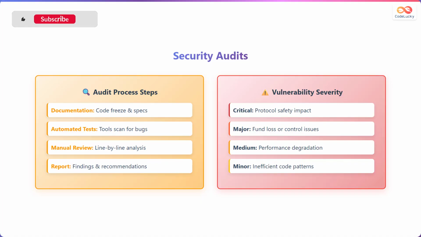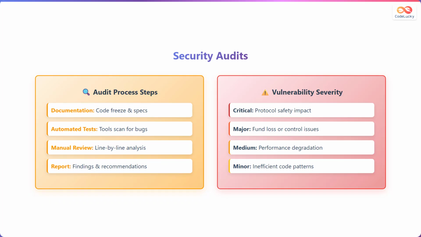Security audits are professional reviews that identify vulnerabilities before smart contract deployment. The audit process follows several systematic steps. Documentation and code freeze establish the exact scope and prevent changes during review. Automated testing uses specialized tools to scan for common vulnerabilities and coding issues. Manual review involves line-by-line analysis by security experts who understand blockchain-specific attack vectors.